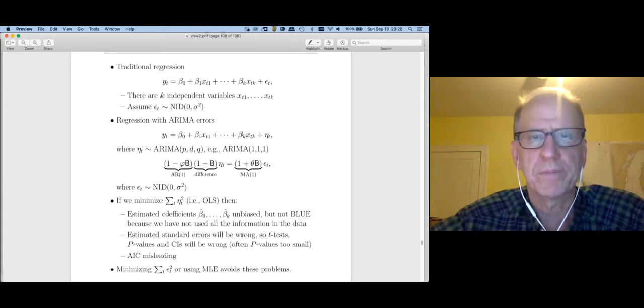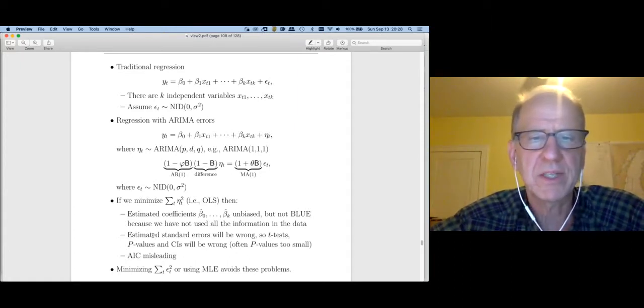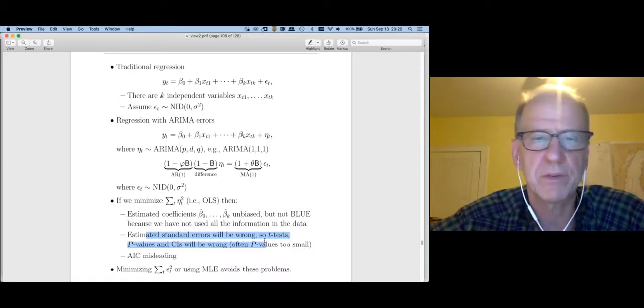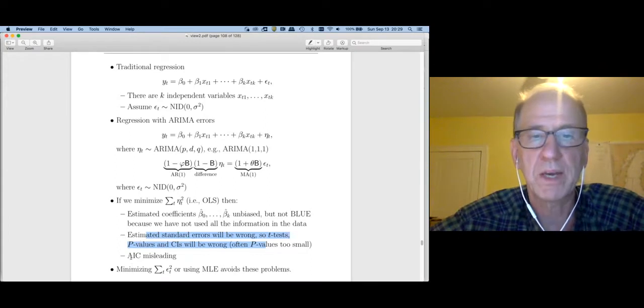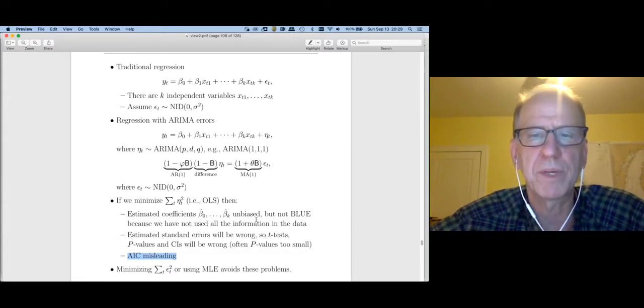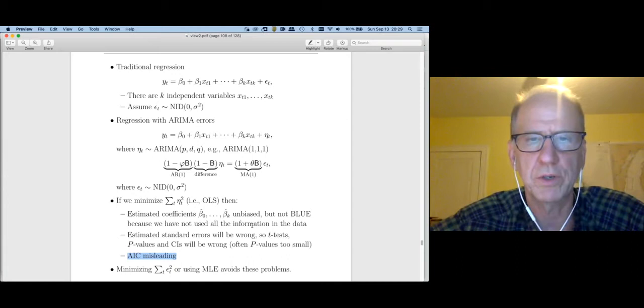More importantly, what's going to happen is that our standard errors and t-tests will all be wrong. So we're not going to be able to trust any of our inference methods. We can't trust the confidence intervals, we can't trust hypothesis tests, we can't trust AIC. I believe these are the biggest problems that we have, although it would be nice to have efficient estimators also.